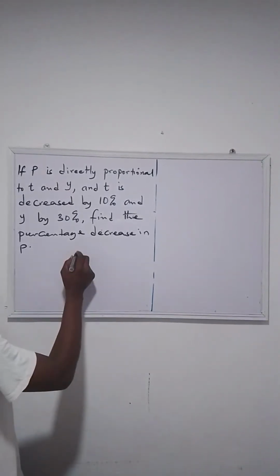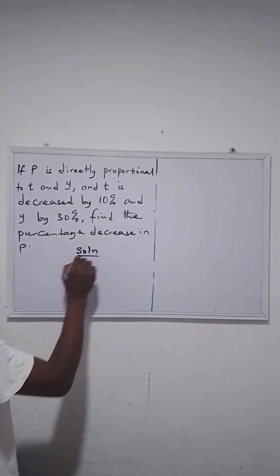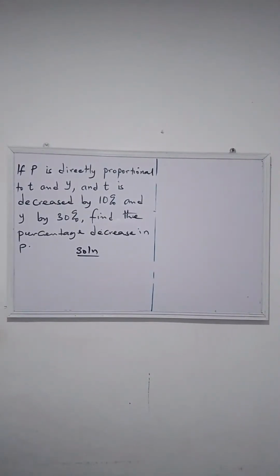So let's look at it together. P is directly proportional to T and Y, and T is decreased by 10% and Y by 30%. Find the percentage decrease in P. So how do we do this?